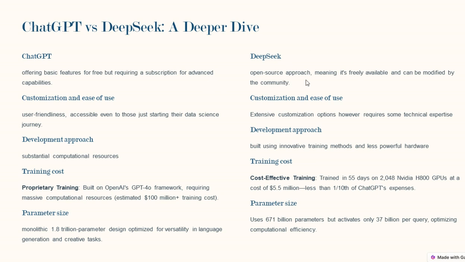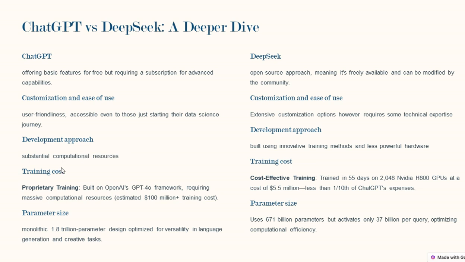Whereas DeepSeek is completely open source, freely available, and can be modified by the community, which is one of the major differences. Customization and ease of use is also an important point. ChatGPT is user friendly, whereas DeepSeek has extensive customization options. However, it requires some technical expertise.